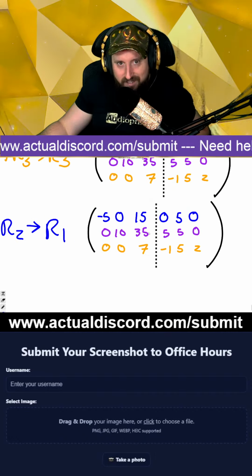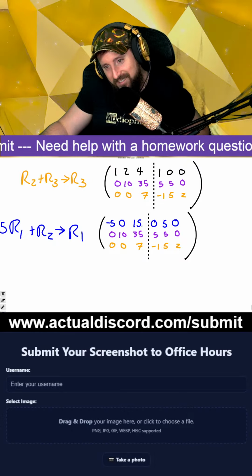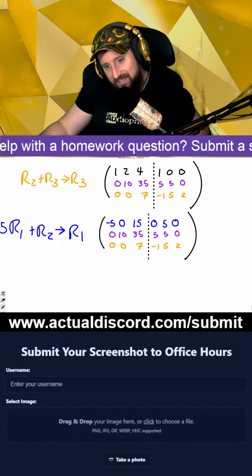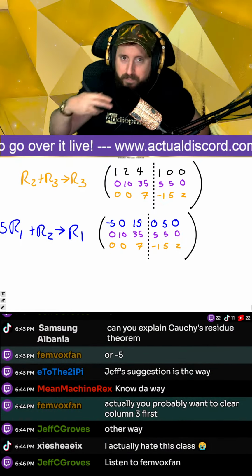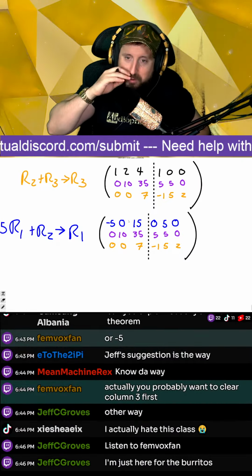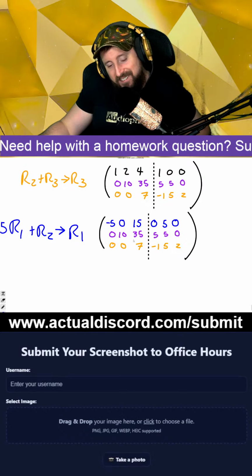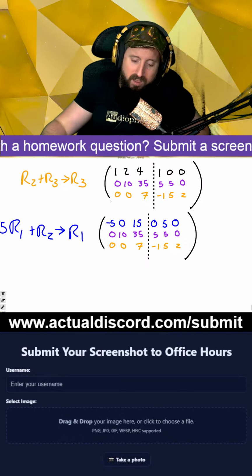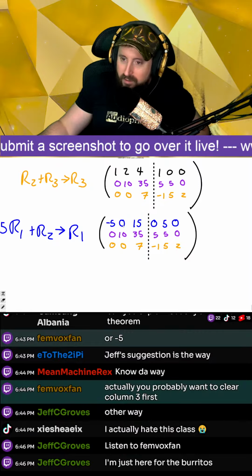Okay. Now, Jeff, what are we doing with these things, though? So, we came here. We're good here. I need to clear this one. You want to clear column 3 first? Yeah, the general Gauss-Jordan pattern is to do this, usually, right?